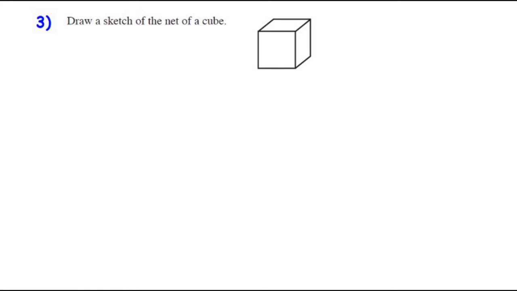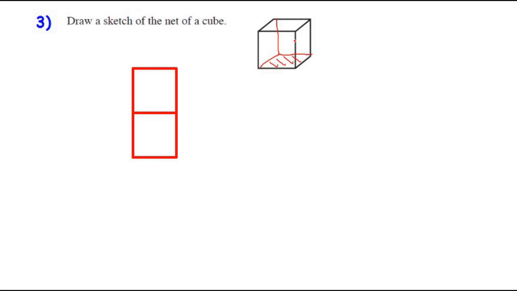So let's start by drawing the base. So we have a base which is a square. So the base is here at the bottom, if you like. So this is the base. So next we're going to draw a square at the back, so it folds down, making sure that it's the same length and the same size.